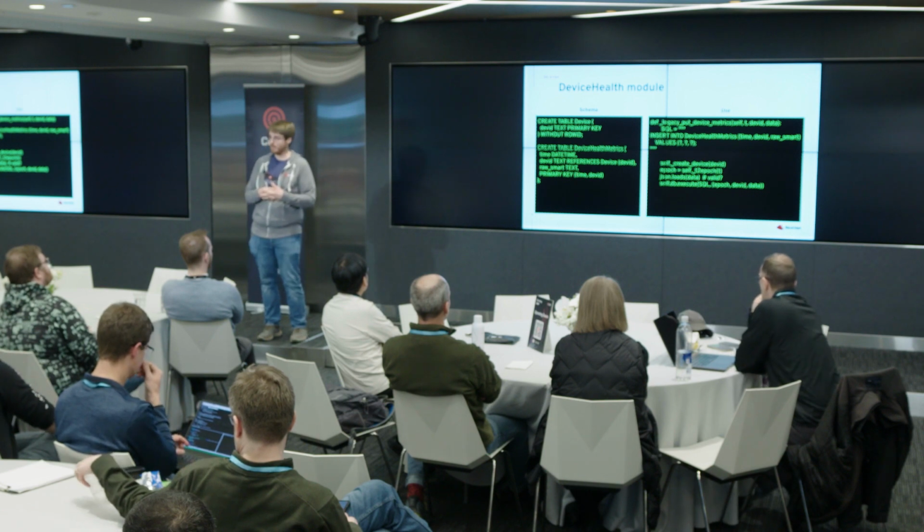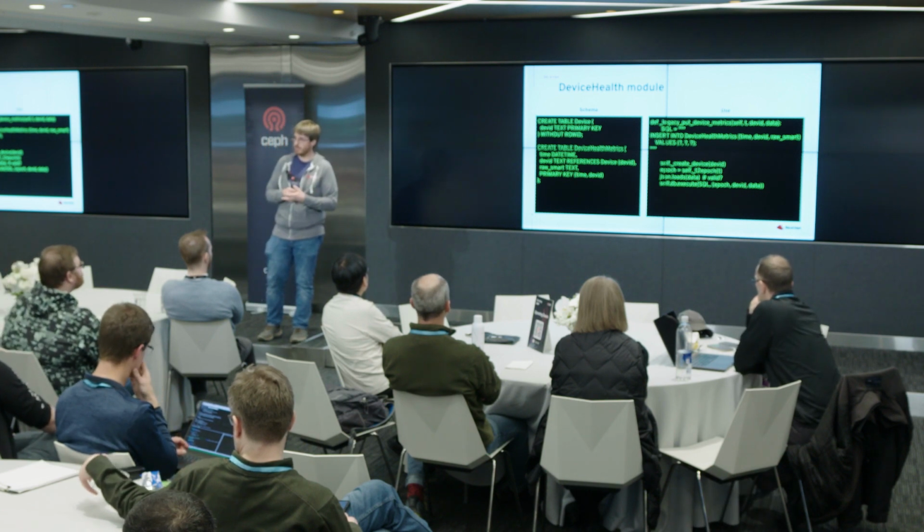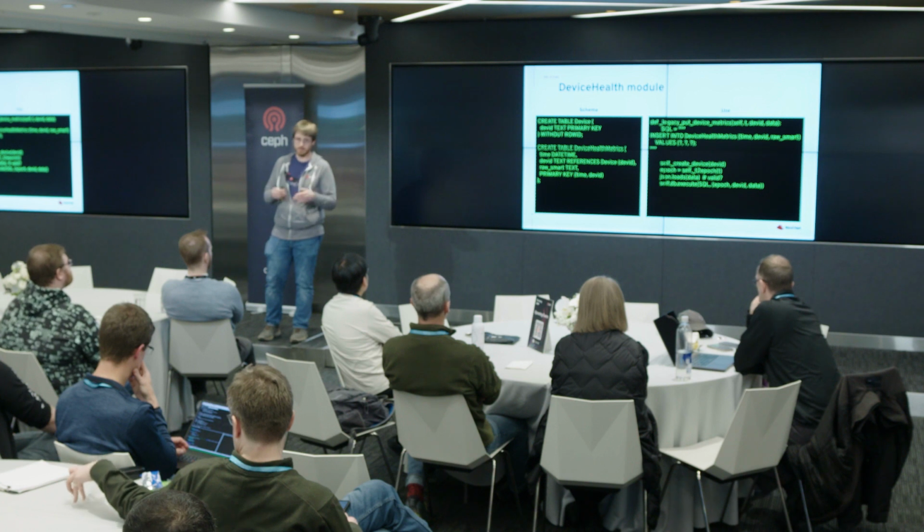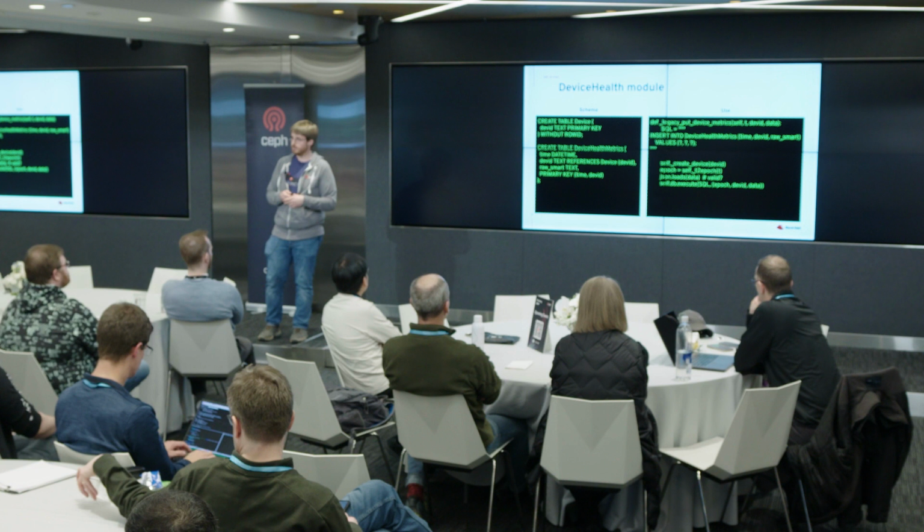It should be, otherwise it's going to assert. And then I'm going to insert it into the table. And it's really that simple. So it looks like normal SQLite code in Python.